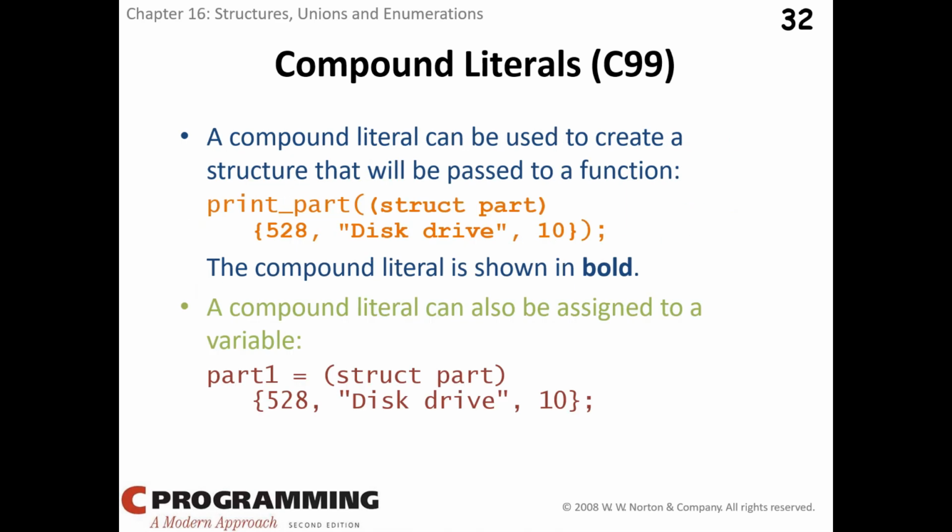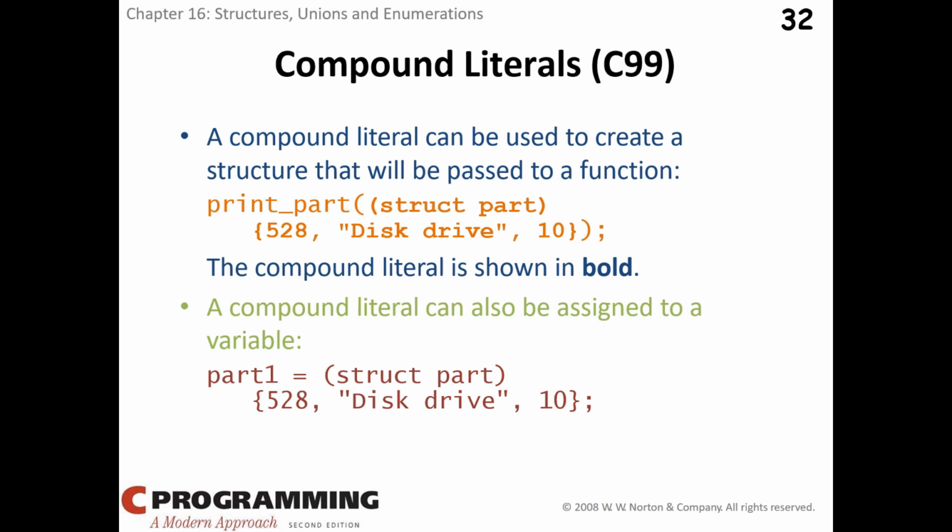Now let's see how a compound literal can be used to create a structure that will be passed to a function. We have the example here in the first code in our slide.